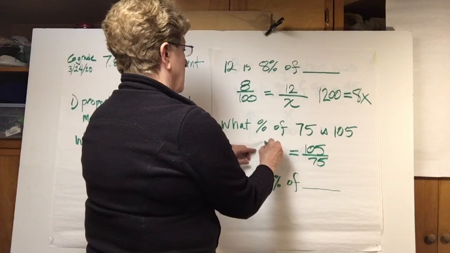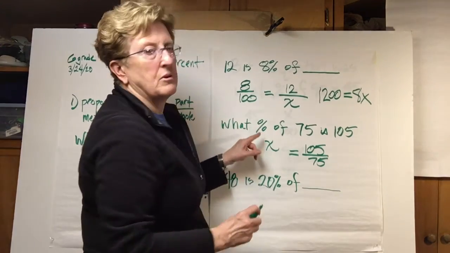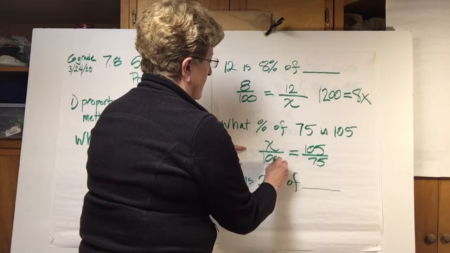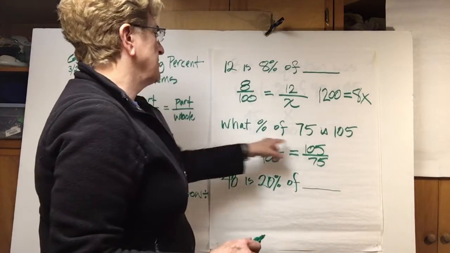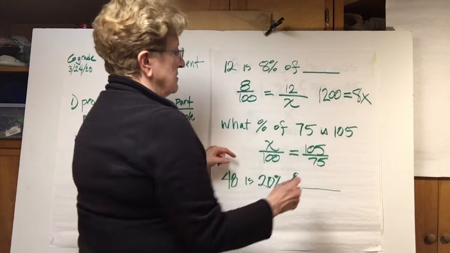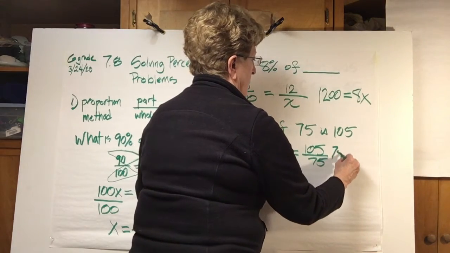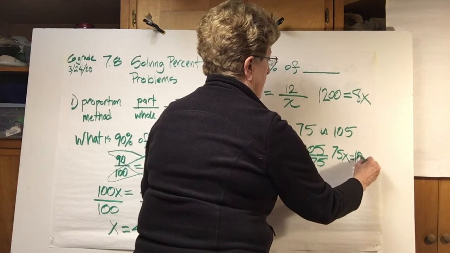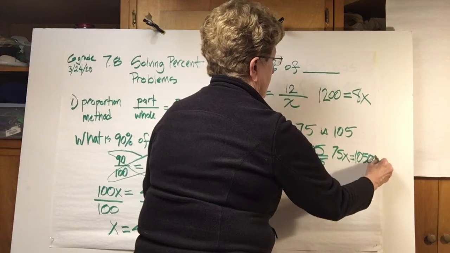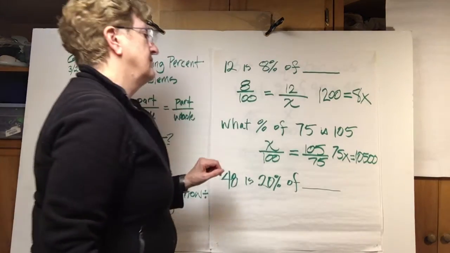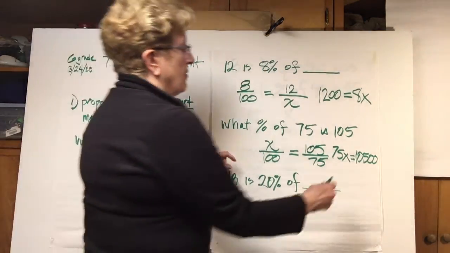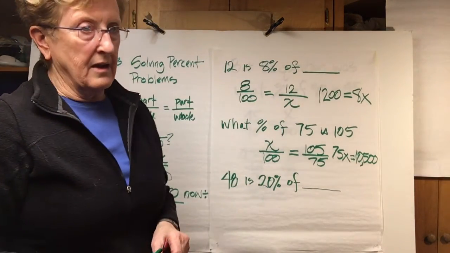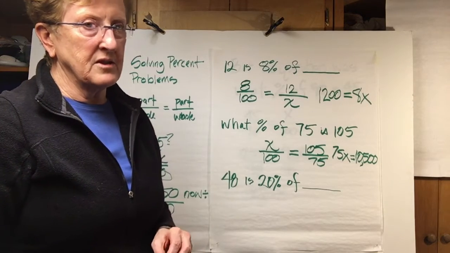And I'm going to put x over here because I don't know what percent 105 is, but I do know that 75 is 100%. So 75x equals 10,500. And again, I'm going to leave you to push the buttons on the calculator.